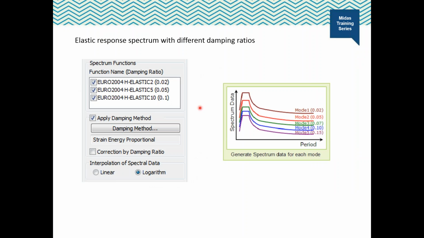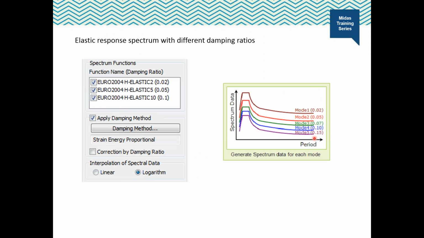From the response spectrum load case, we select all three functions and select interpolation method of spectral acceleration data. Then, the spectral acceleration will be determined depending on the modal damping ratios calculated by the program.